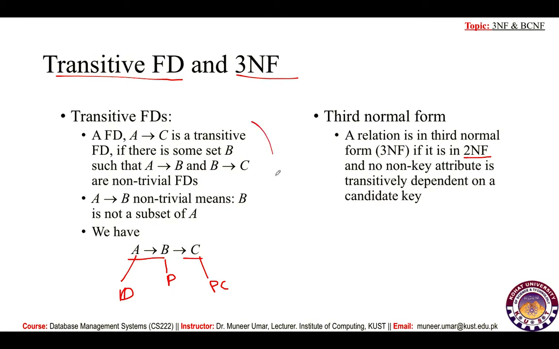Actually, here I talked about the primary key, and you know that a candidate key can be selected as a primary key. So we must take care about this thing, and if there is any sort of transitive dependency among the attributes, then we must remove that transitive dependency and create some new tables.